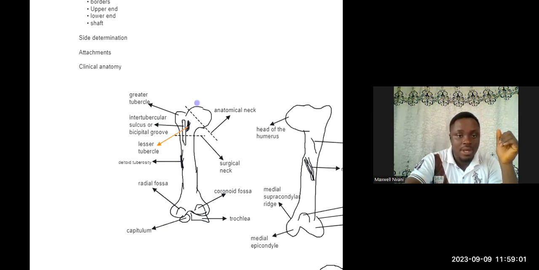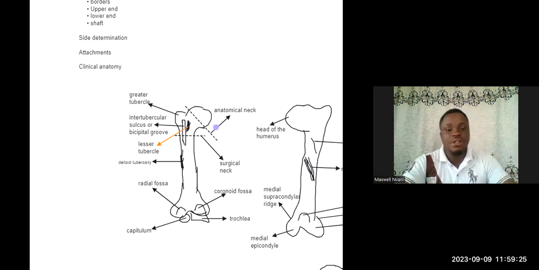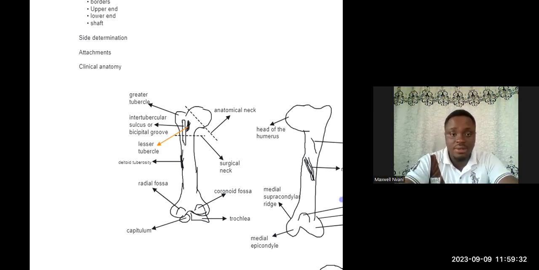We have the upper end, we have the lower end, and finally, between the upper end and the lower end, we have the shaft, okay? This is the shaft. This is the upper end. And then this is the lower end. All right. So now let's proceed with the upper end. We'll start with the upper end, we'll proceed to the shaft, then to the lower end, and we'll be done with features.